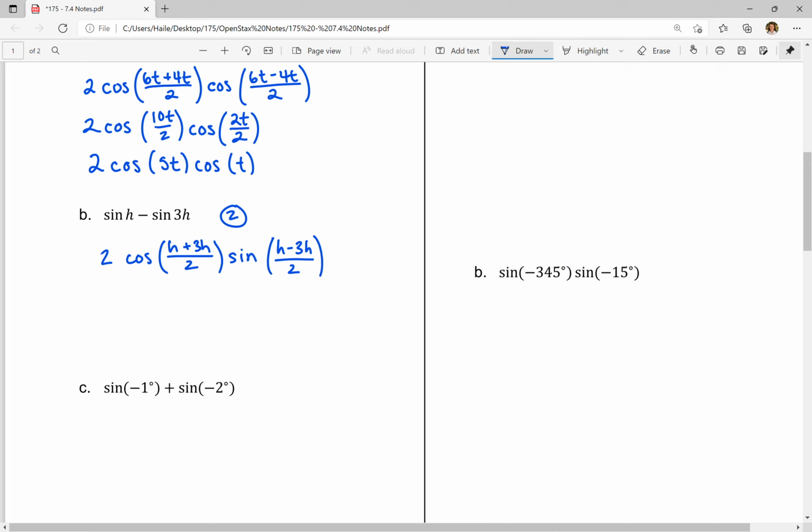Okay, now we just need to simplify the things in the parentheses. So we have 2 cosine of 4h over 2 times sine of negative 2h over 2.